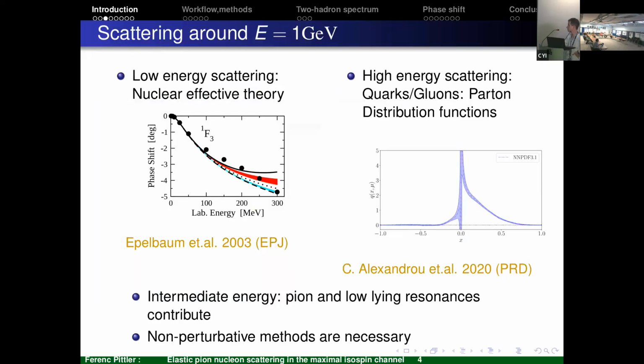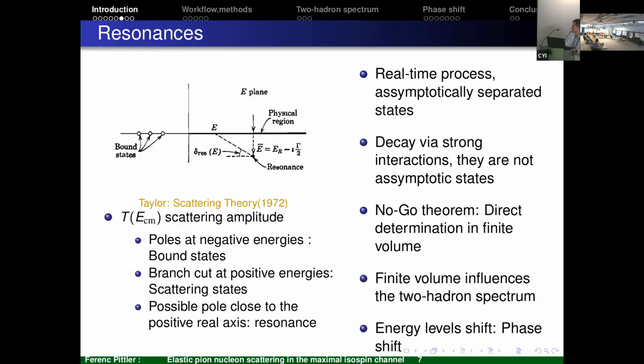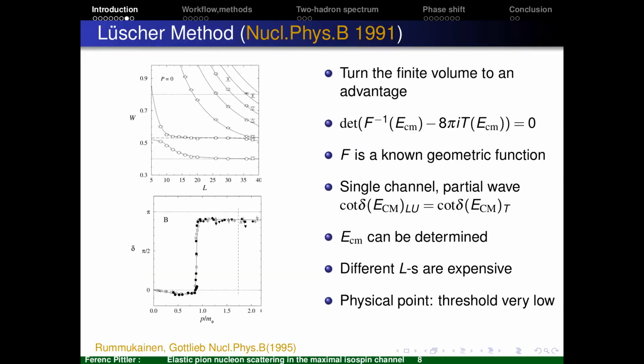So what we are after is that. Basically, I said that this Luescher formula that we are now analyzing is valid up to the pion threshold, where really 3 particles interact.